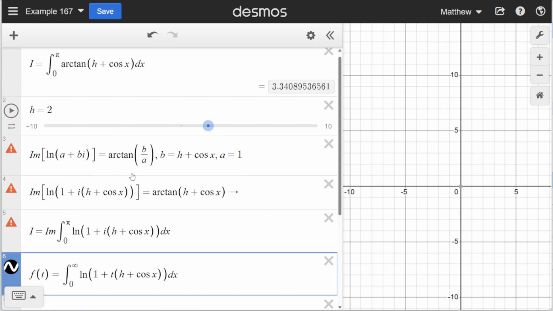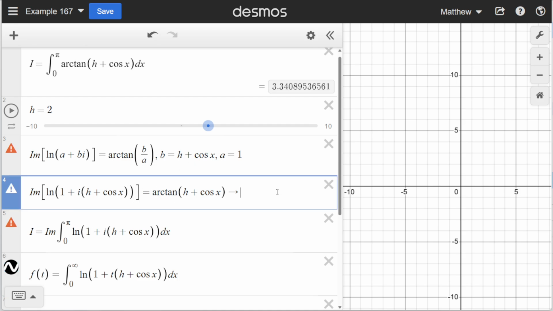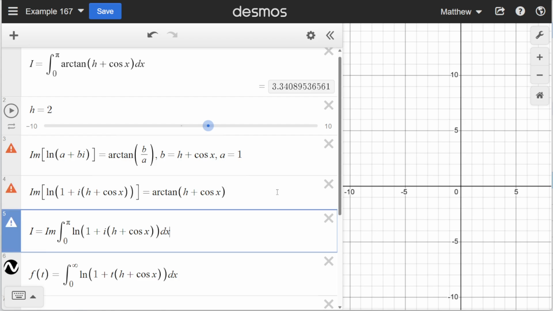Let's see. Yeah, that's right. The imaginary part of the natural log of 1 plus i times b, where b is h plus cosine x, is equal to the arctangent of h plus cosine x. So that should be right. Why?